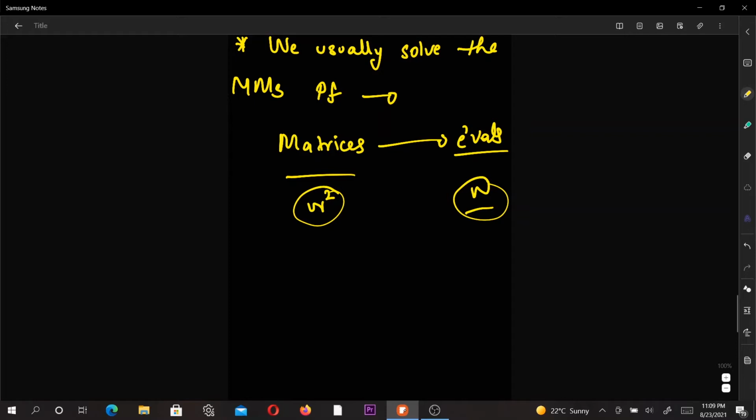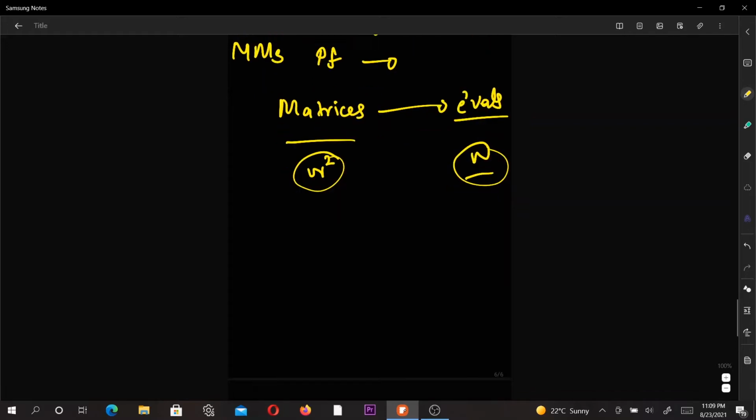Before that, since going from one basis to another is a difficult task, we study what happens when you go from the matrix basis to the eigenvalue basis.